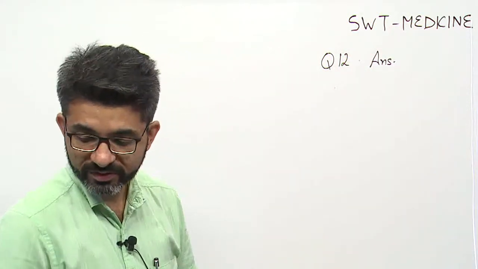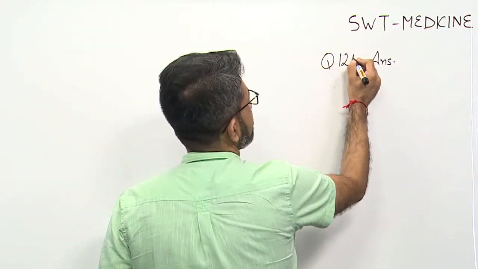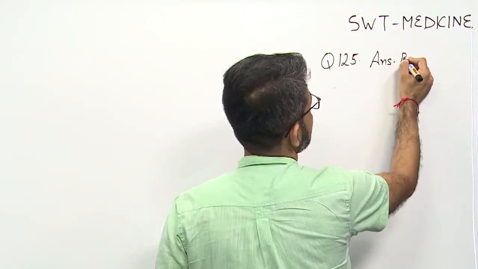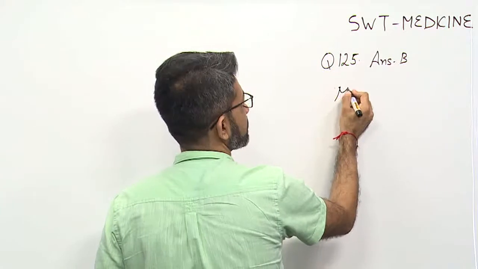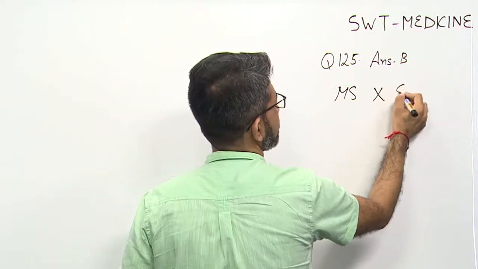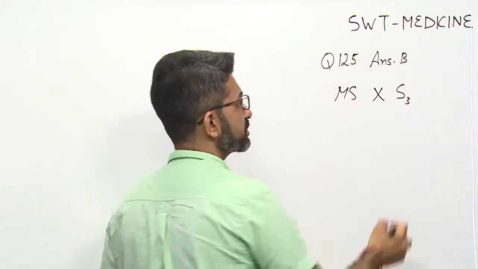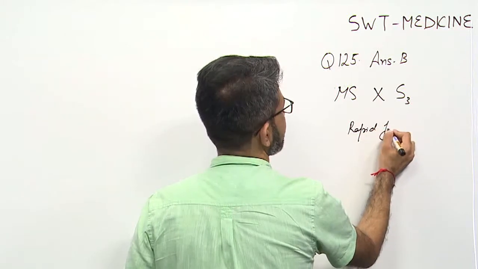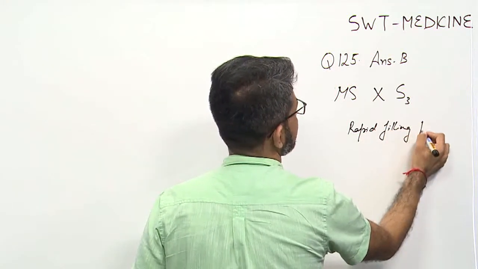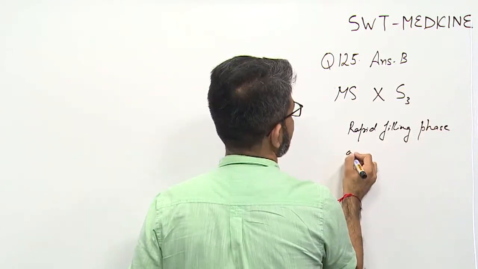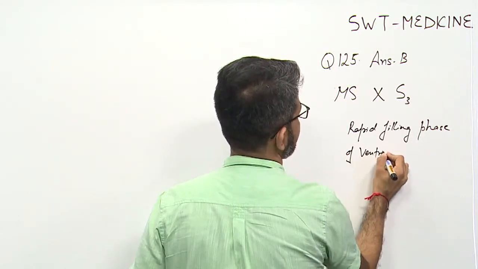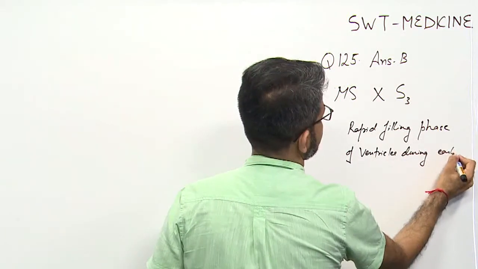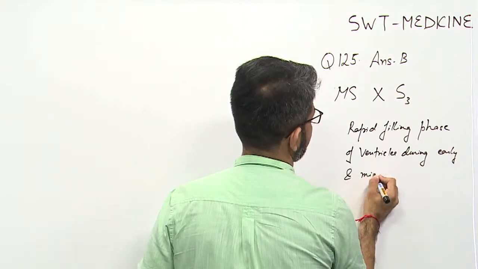Question number 125. The answer is B. Mitral stenosis will never have third heart sound. Reason: the third heart sound occurs in the rapid filling phase of ventricles during early and mid diastole.